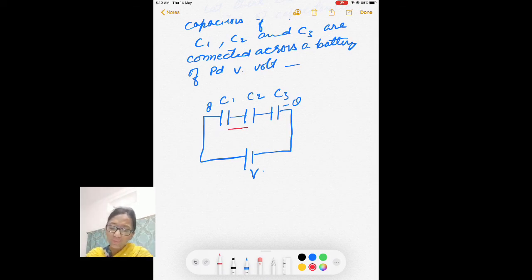This positive charge will be attracting equal and opposite negative charge from this neutral combination, so it will be getting a minus Q. If minus Q charge is separated from the neutral combination, obviously there will be equal and opposite charge on the other side, and here this plus Q charge will be attracting minus Q charge, and it will be leaving a plus Q charge.